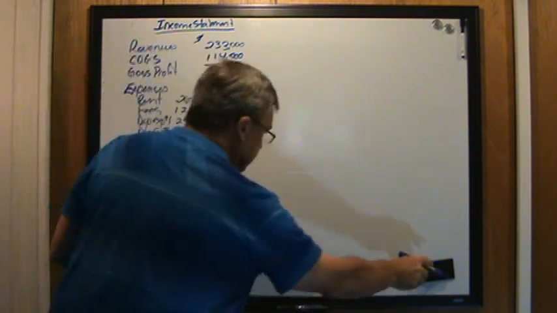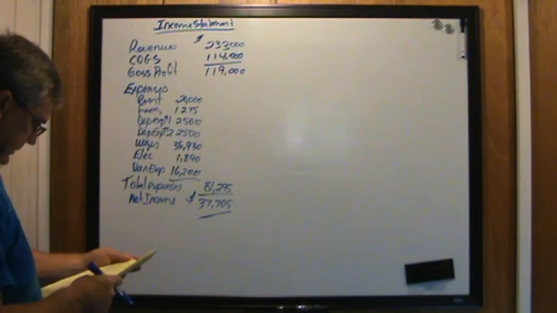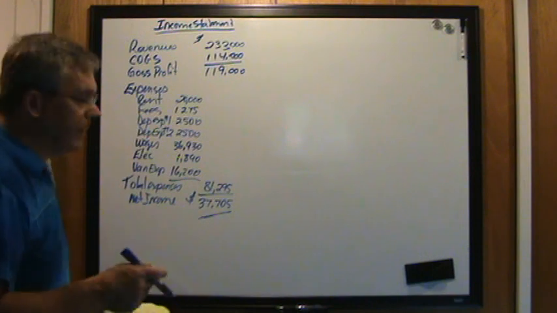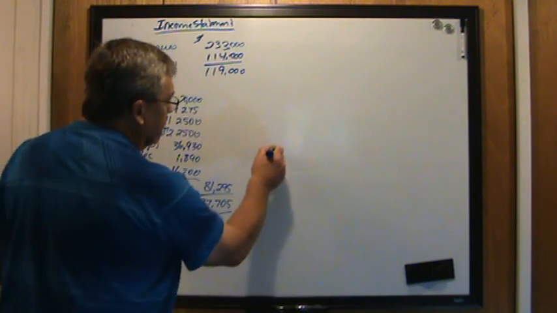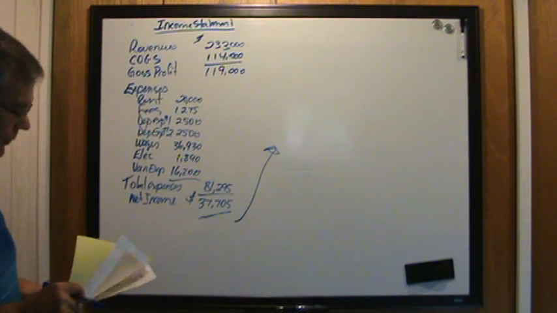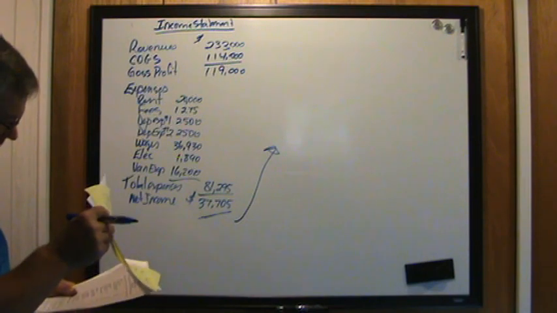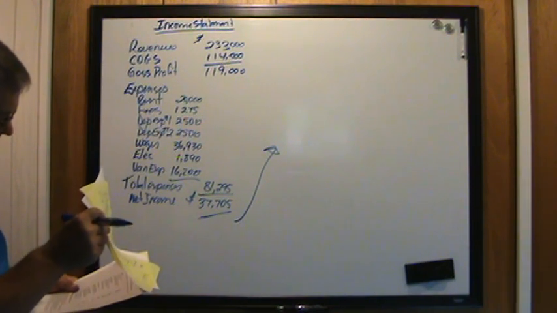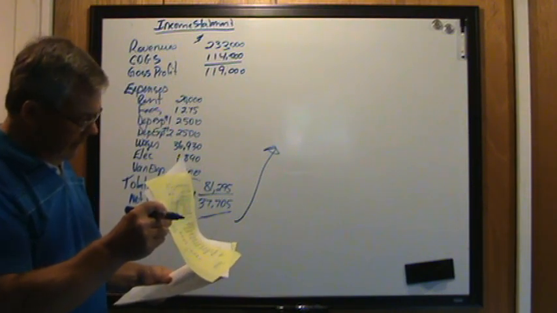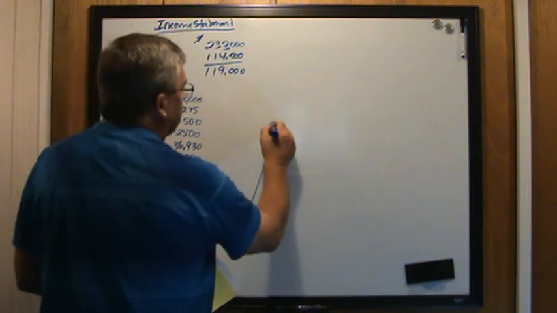Now, the balance sheet. Let me do a calculation for the balance sheet equity first of all, so we'll have that calculation done. We start out with beginning equity is 76,900.